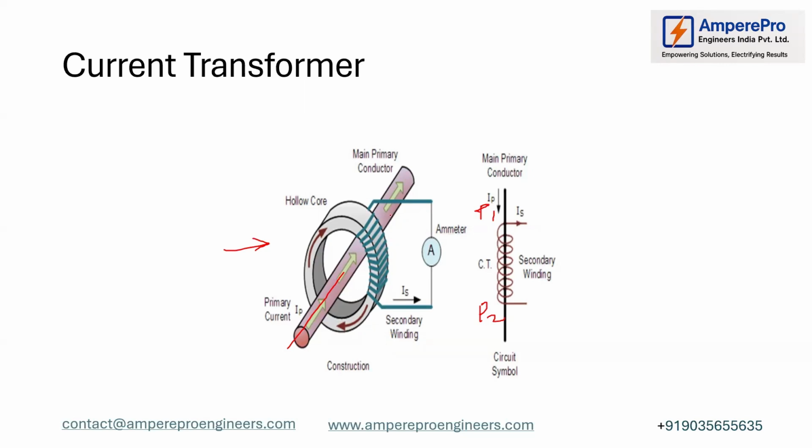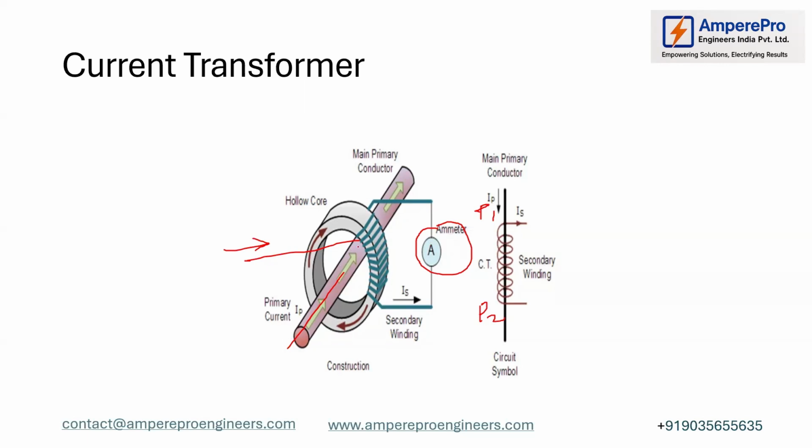And the coil which we take out after certain turns, which decides the ratio, whatever you connect to it, the instruments and so on, that is what we call the secondary winding.